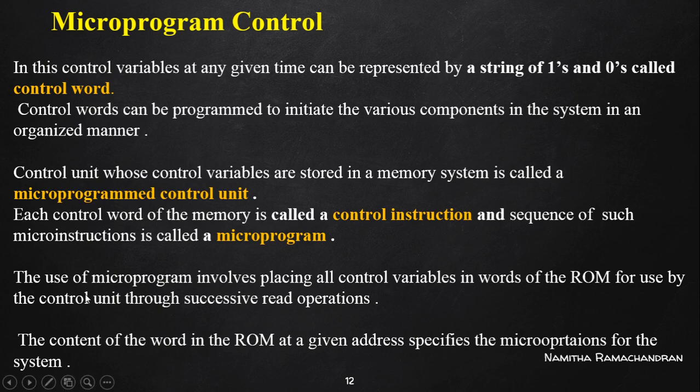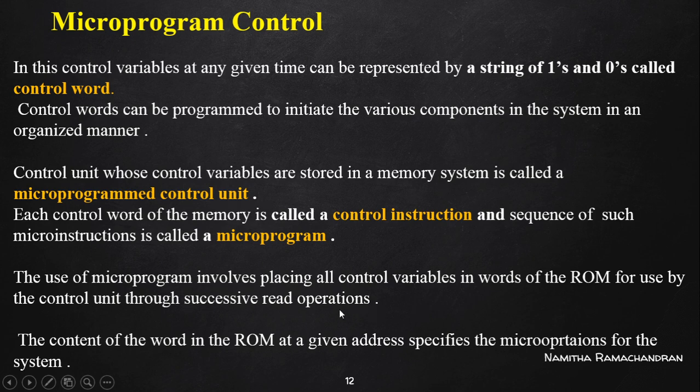The use of microprogram involves placing all the control variables in words of a ROM type memory. Usually, ROM type memory is used for storing control words of a microprogram based control logic design.